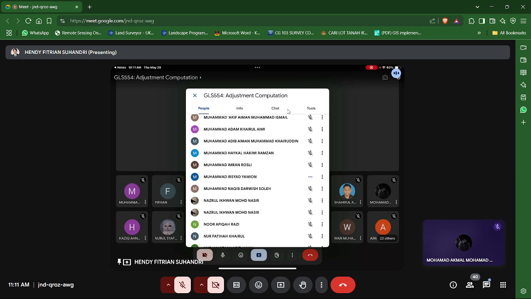Doktor, dengar tak? Dengar. Semua dah dengar dah. Jawablah. Mana independen Irsyad?